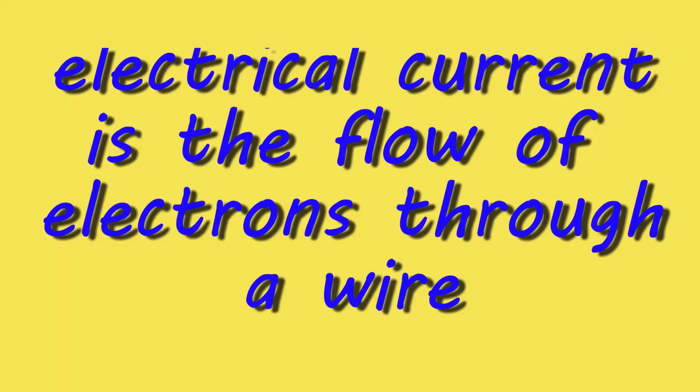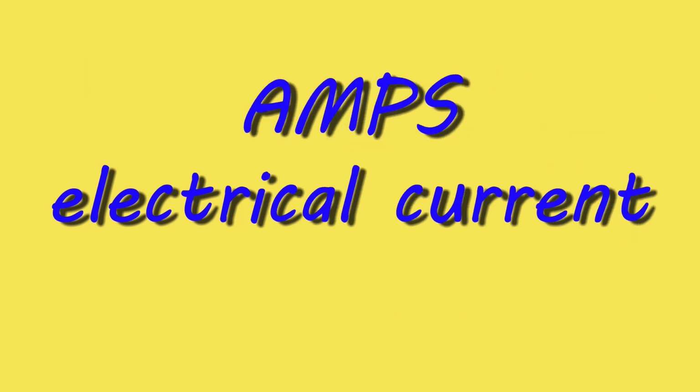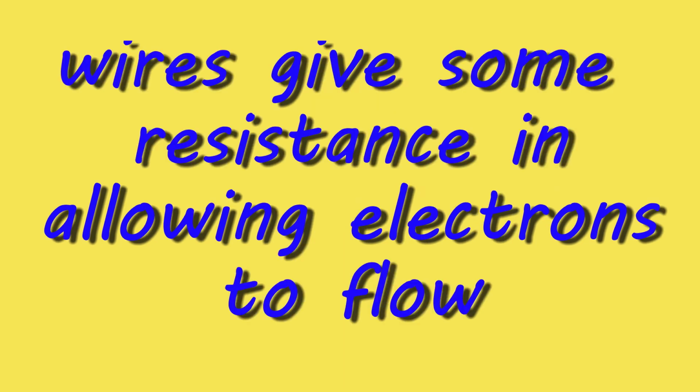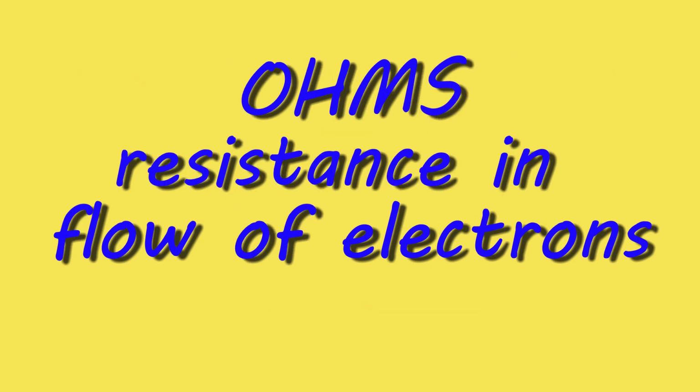Next, the flow of these electrons through a wire is called a current, and that is measured in amps. And the wires that the current passes through create some resistance in allowing those electrons to flow, and that resistance is measured in ohms.